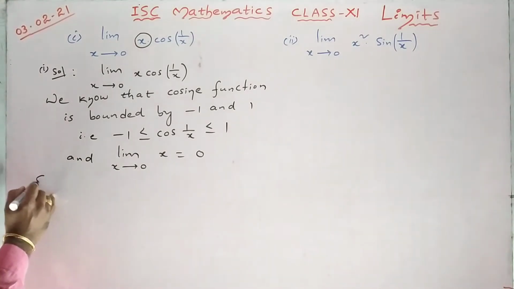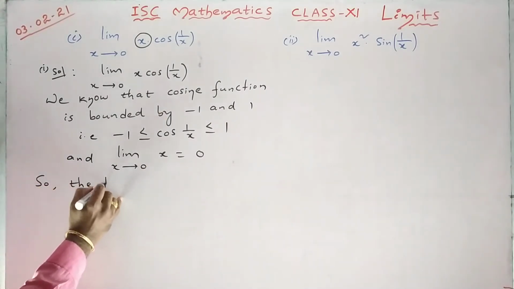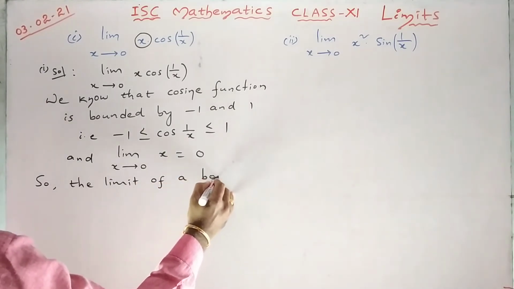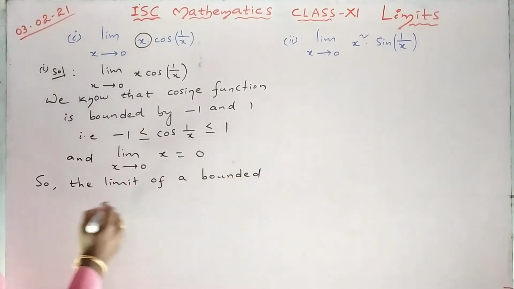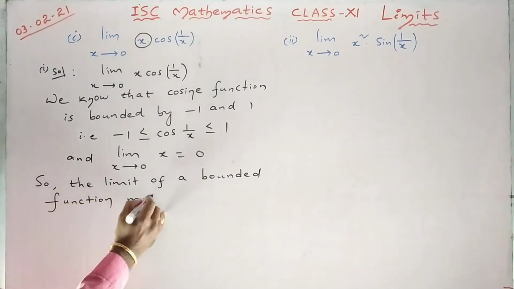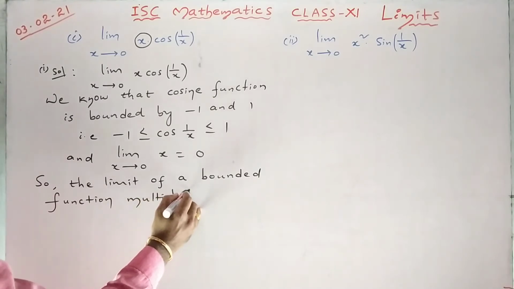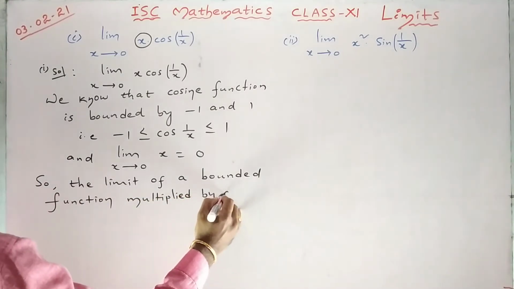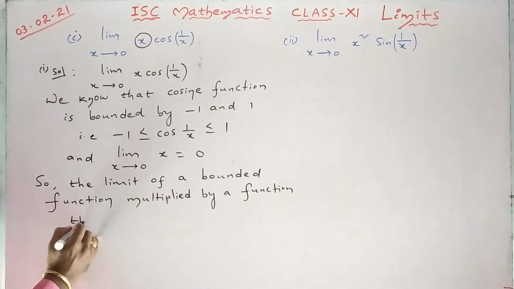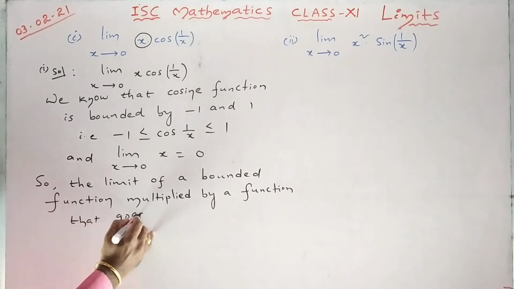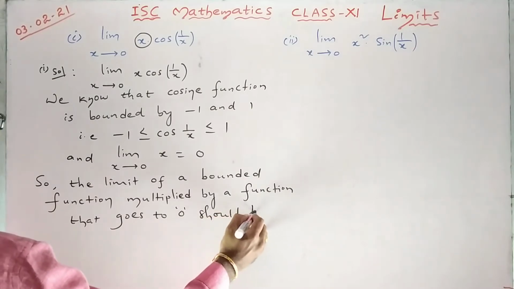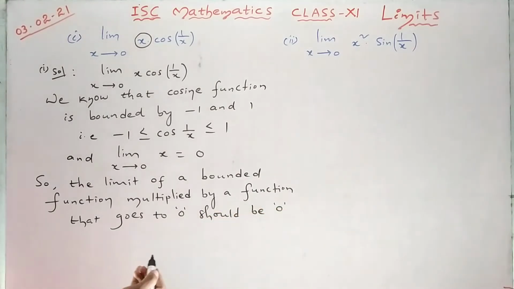So I'll write like this: the limit of a bounded function multiplied by a function that goes to 0 should be 0, because 0 into something is 0 only, no?